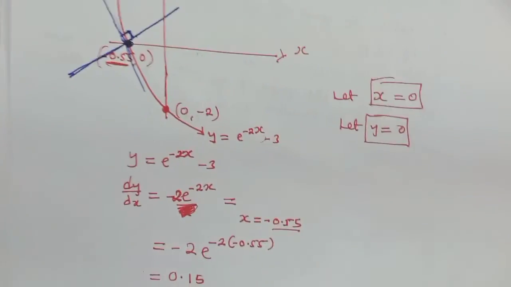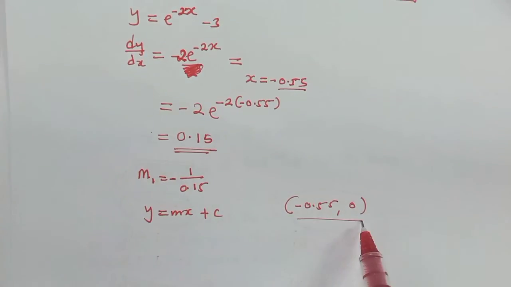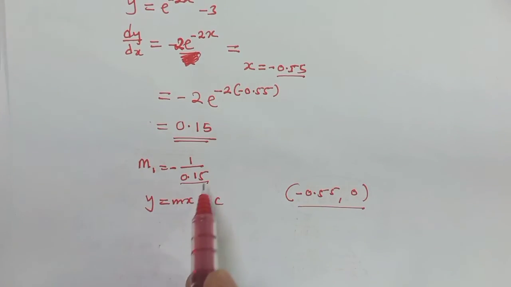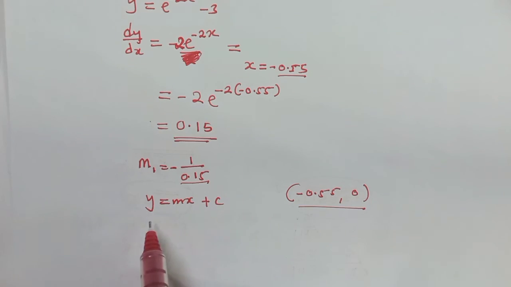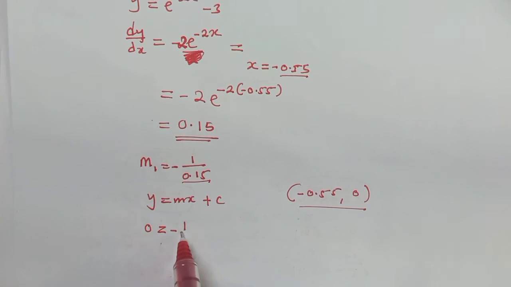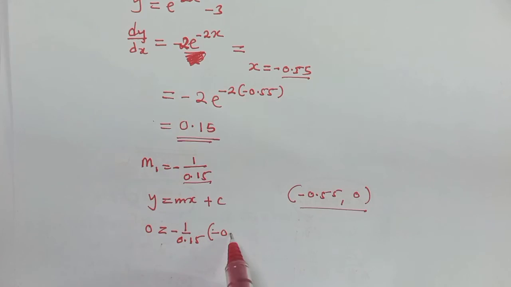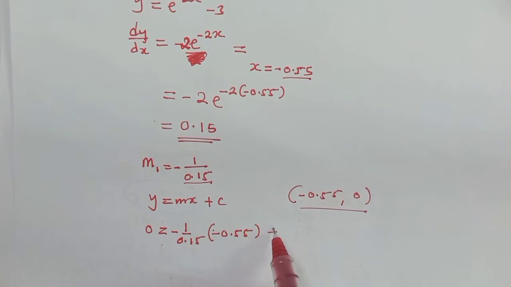This is the point right here. Provided we know the point and the gradient, we can solve for c. So we will put 0 is equal to negative 1 over 0.15 times x, where x is negative 0.55, plus c.